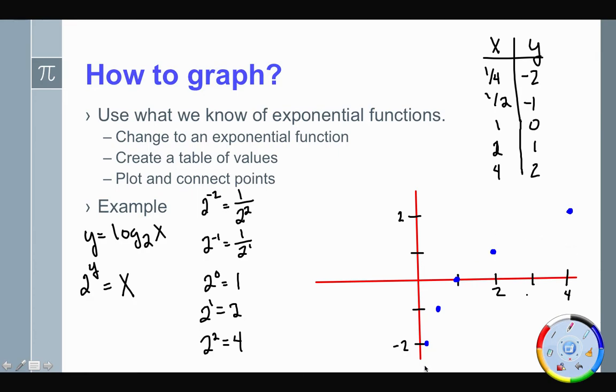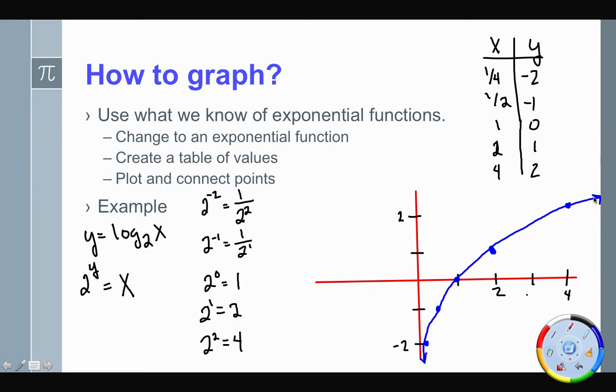Now this looks like it's going to curve. Oh, that was bad. Let's try that again. And it's going to curve somewhat like that. I'm going to cheat just a little bit. And there we have it. This will not cross into the left side of our graph.